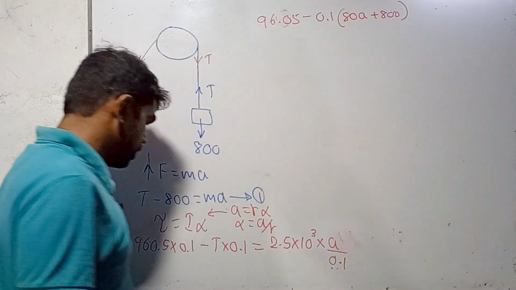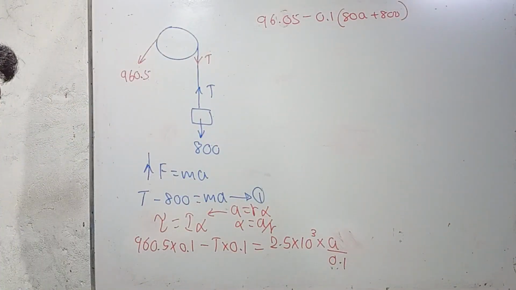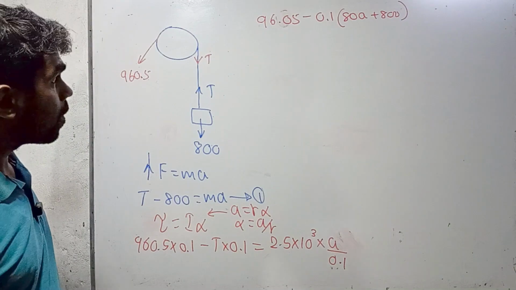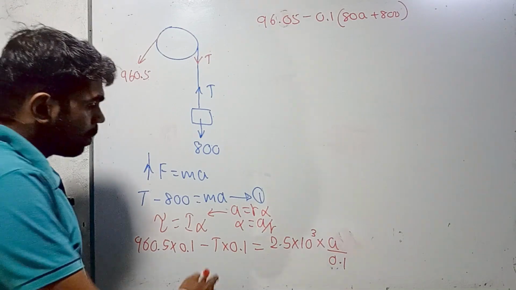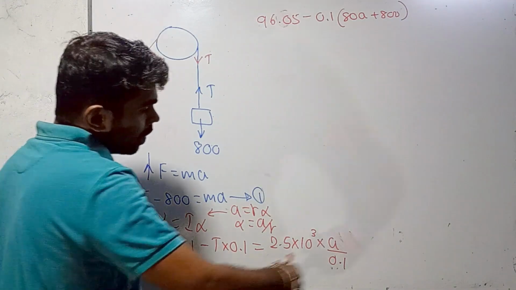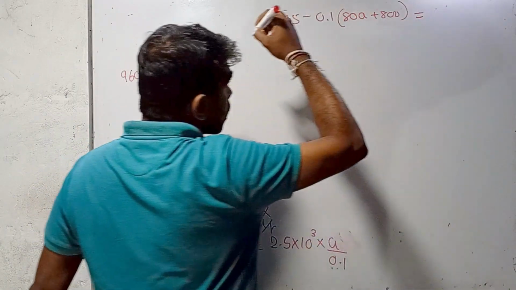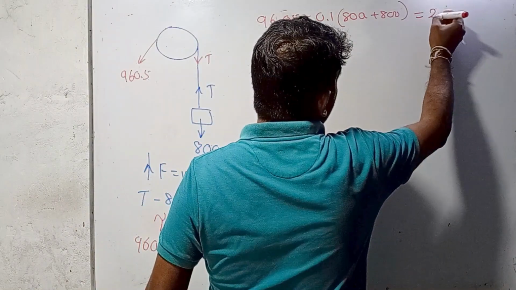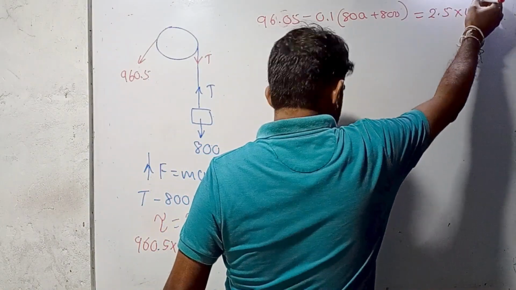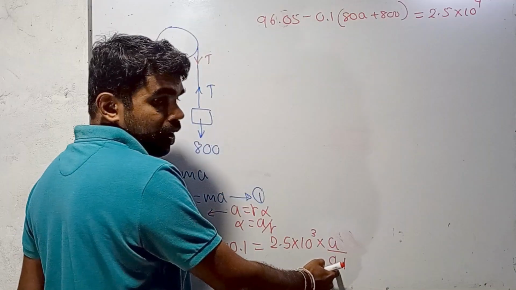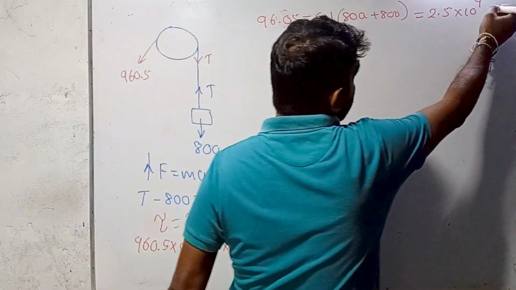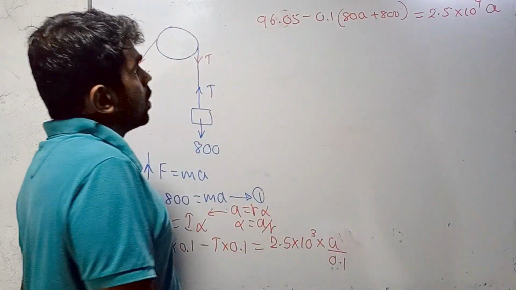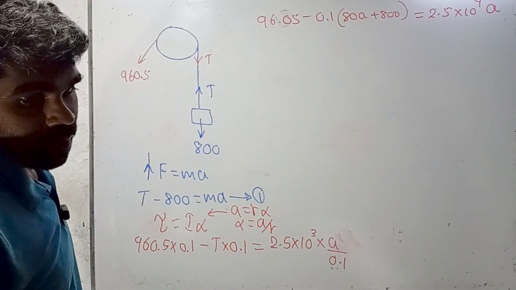It is tension. 0.1 into tension equals I alpha, 2.5 into 10 to the power minus 3 divided by 0.1 into a. Then we have to find the value of a.